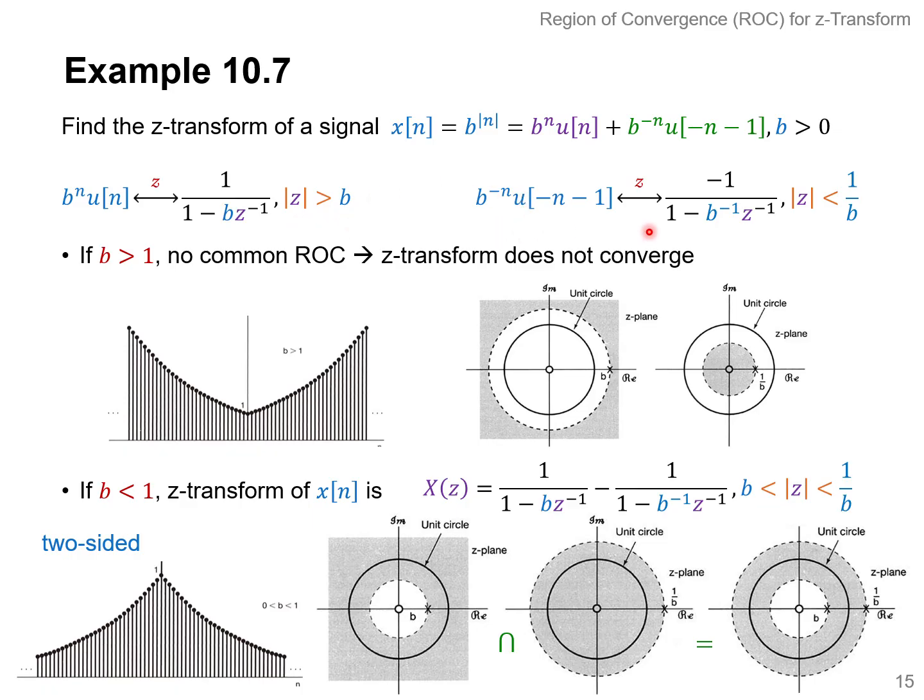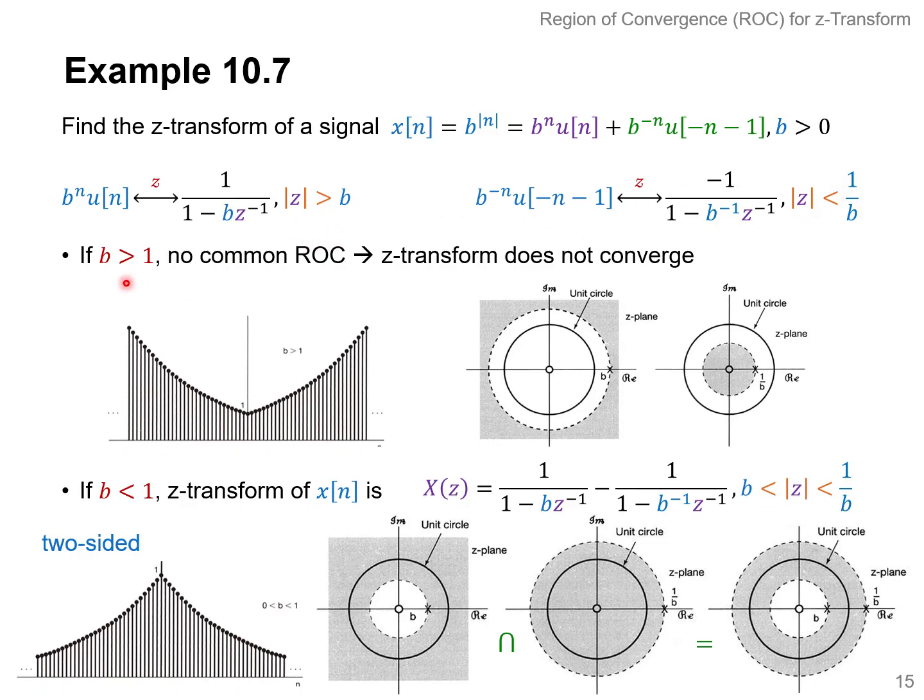For the left-sided part, the Z transform has an ROC inside a circle with radius 1 over B. So the ROC is the magnitude of Z smaller than 1 over B. Now we check whether the two ROCs overlap.